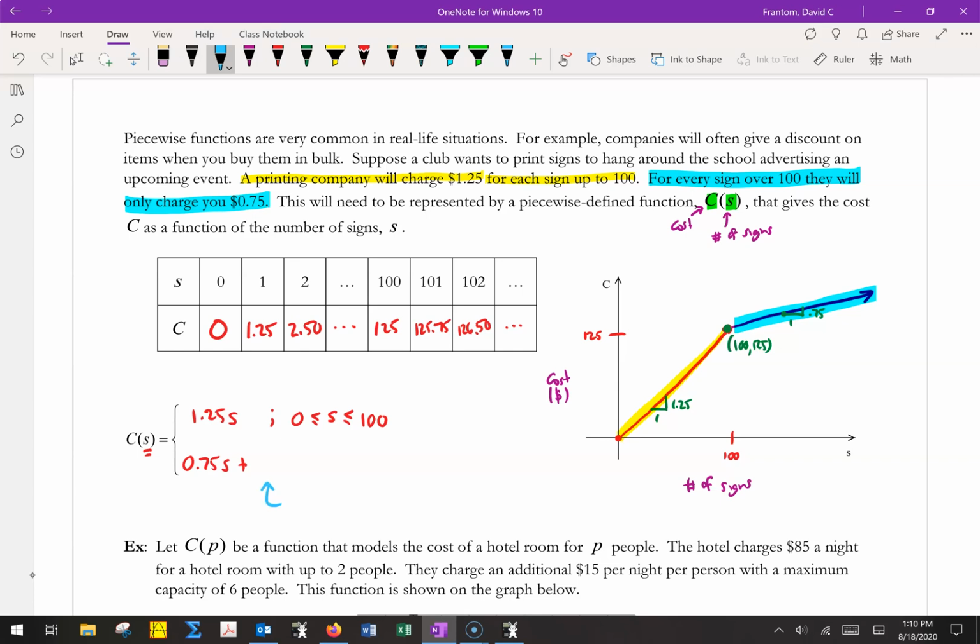So we have a point, 100, 125, and we have a slope of 0.75. So we have y equals mx plus b. So 125 equals 75 plus b, which means b is 50.